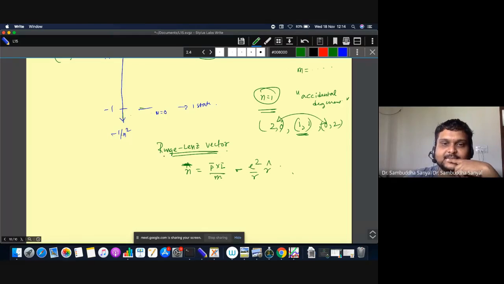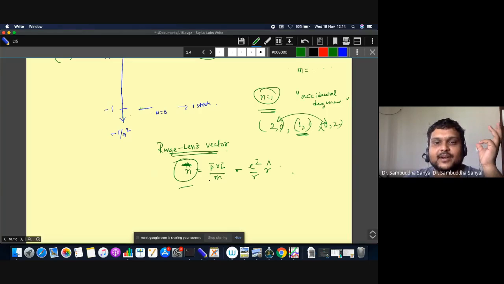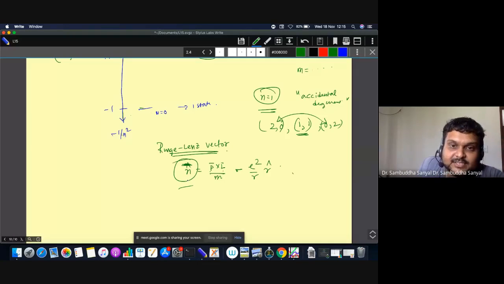But this particular vector, you have seen that this is a symmetry of the problem. This is a conserved quantity, just like P and L, momentum and angular momentum, are conserved quantities. Similarly, this N is also a conserved quantity, but it is not so easy to see just from the geometry of the problem.